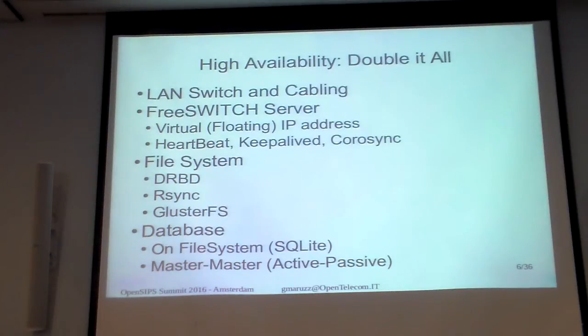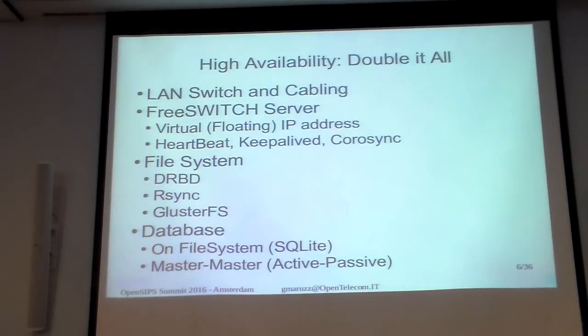So it's better to have at least two carriers, or stay in a data center that has two independent feeds and two independent networks where you can fail over in case of some accident.